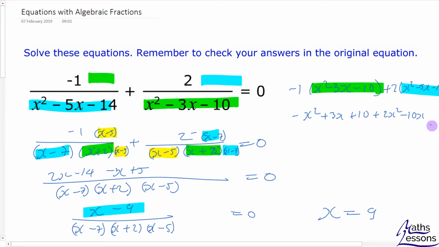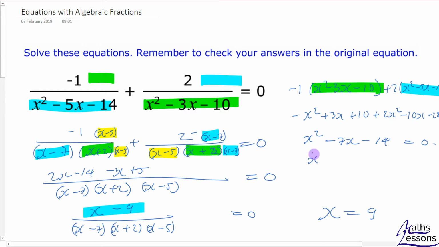And then what we got, minus 28 equals 0. So 2x squared minus x squared is x squared. I've got minus 10x plus 3x. That's going to give me, well, I've got to be careful here. Minus 1 times minus 3x. Yep, just checking that. So that's going to be minus 7x. 10 minus 28, minus 18, equals 0.